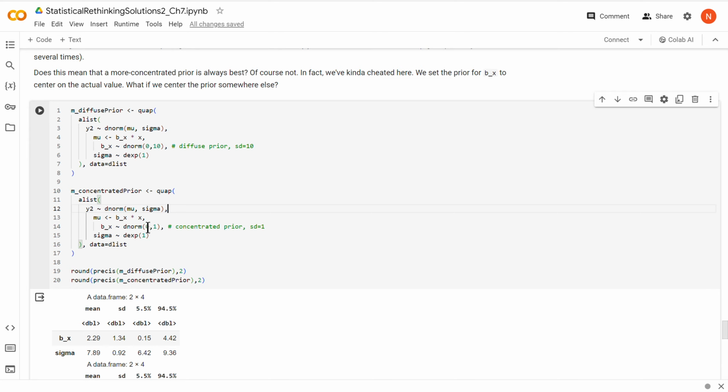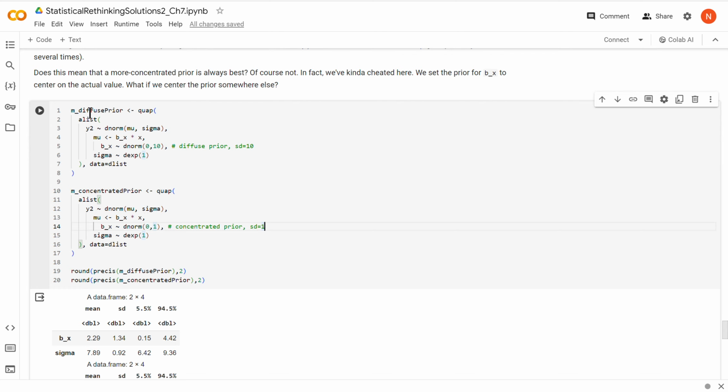Well, now think about what's happening. For the concentrated prior, the beta x term is centered quite a ways away from the actual value, and it's considering a narrow band. So it's considering from about -2 to 2, but by the time you get out to considering 2, it's assigning pretty low probability to that value.